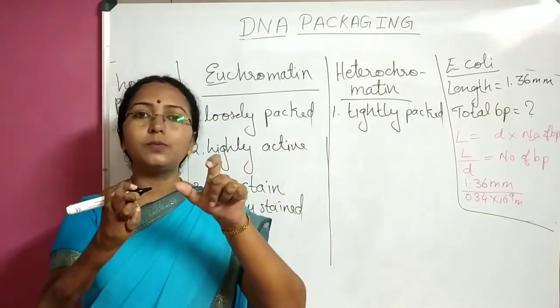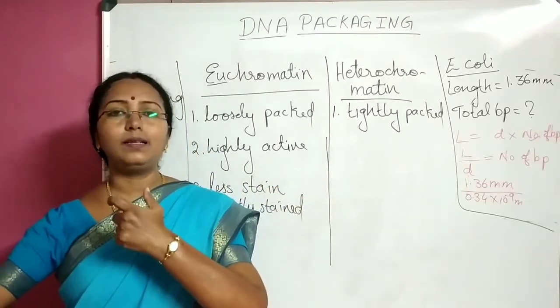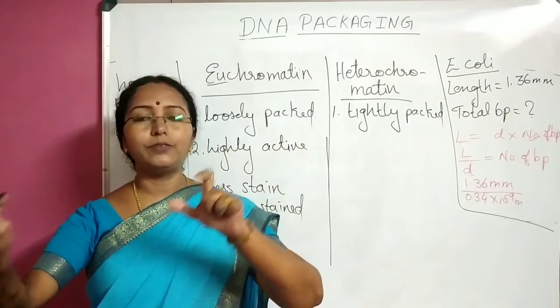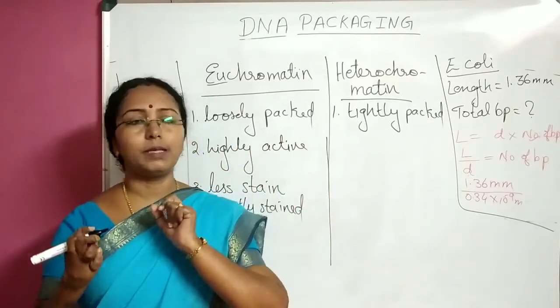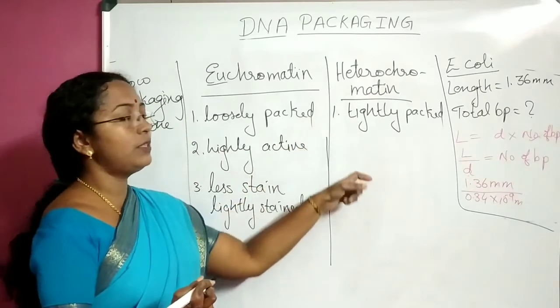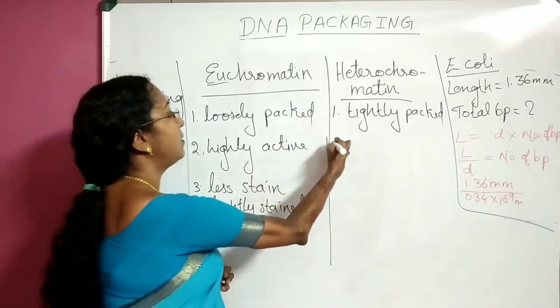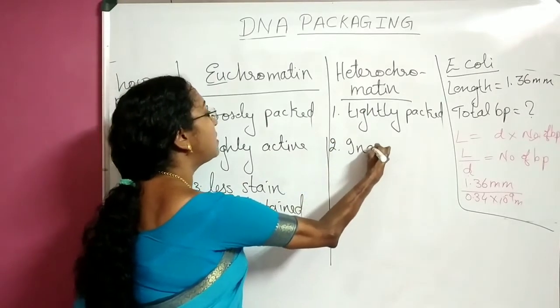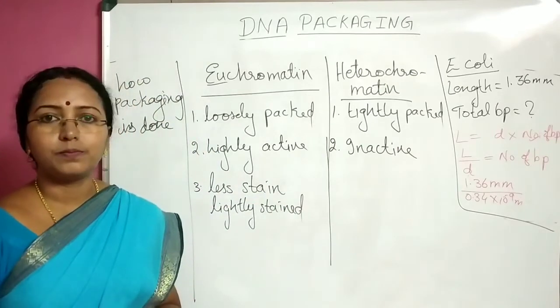Or some chromosomes have DNA loosely packed, some chromosomes have DNA tightly packed. So based on that, you have two types of chromatin or chromosomes, euchromatin and heterochromatin. So here, heterochromatin is very tightly packed. Since it is tightly packed, it is inactive. It is an inactive chromosome.